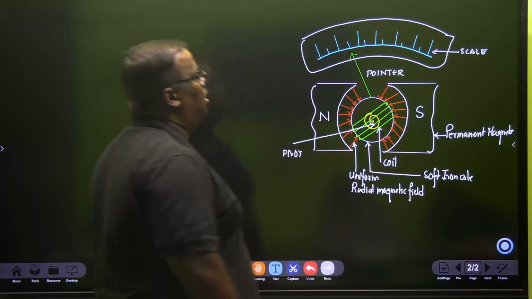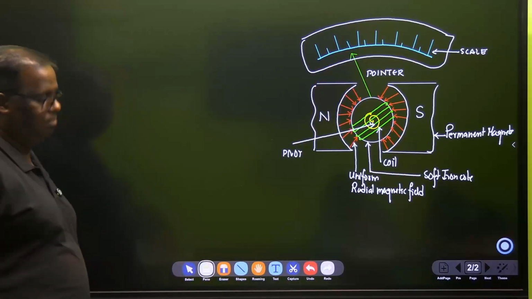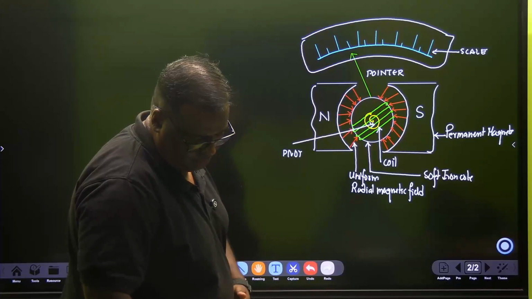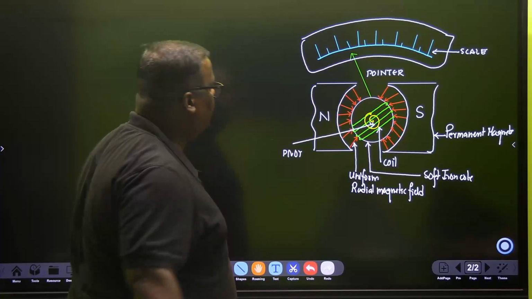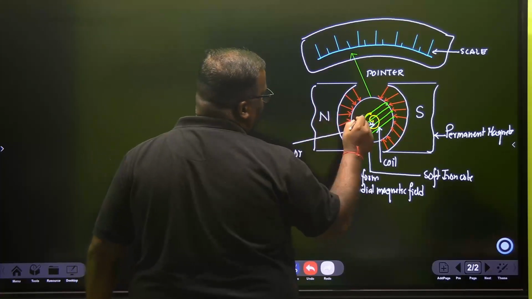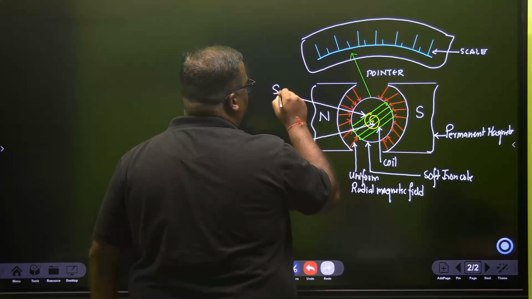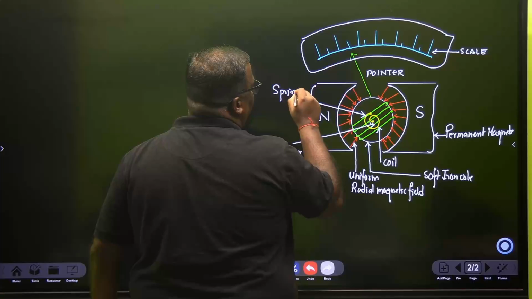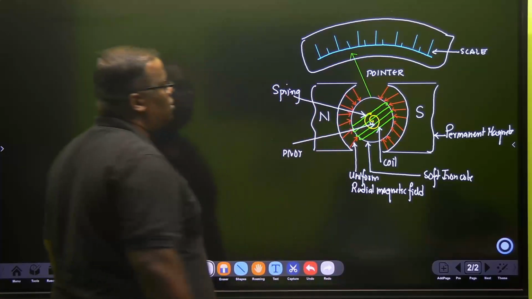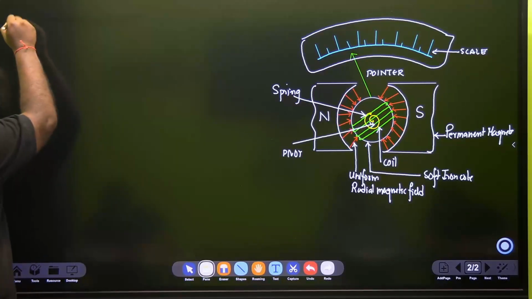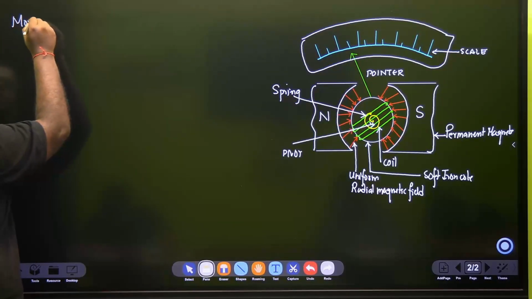Pointer, scale, permanent magnet. And then the yellow one is a spring. We will see why we need the spring also. So you are studying the moving coil galvanometer.